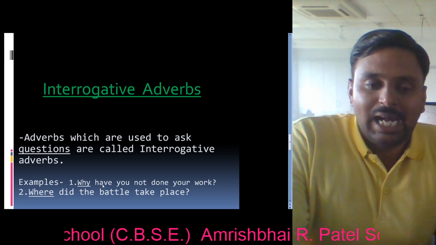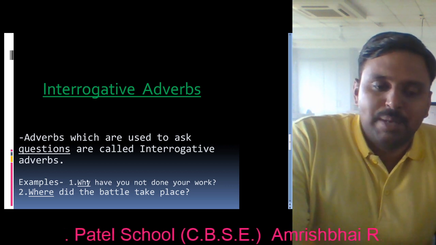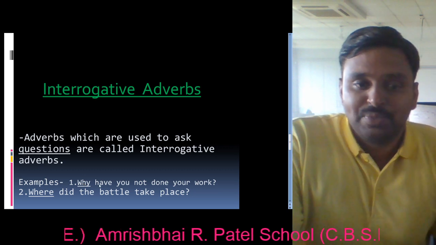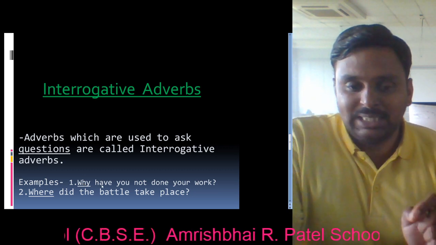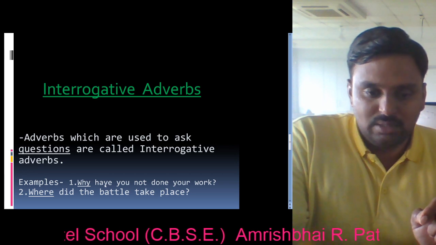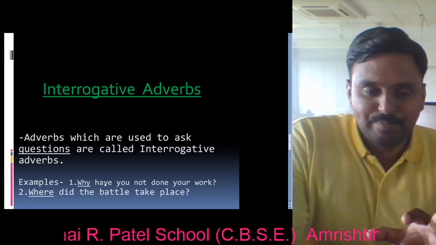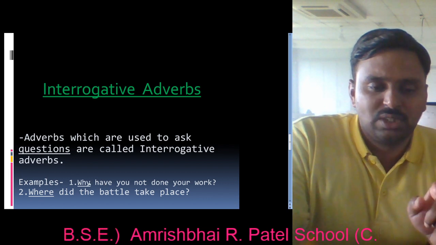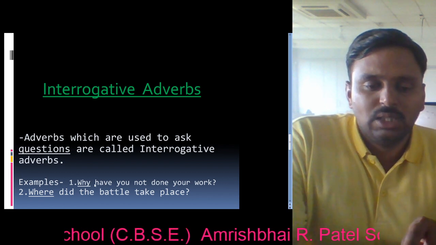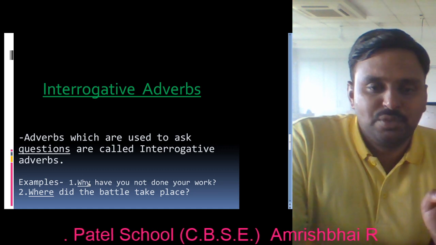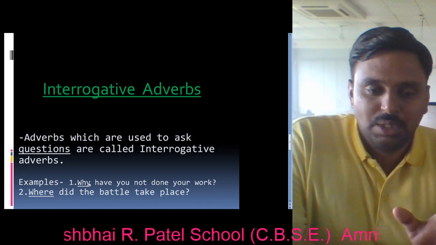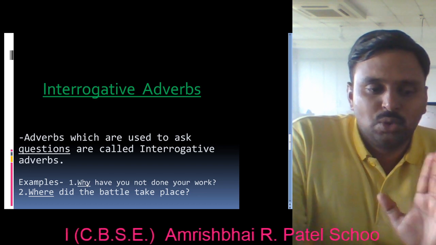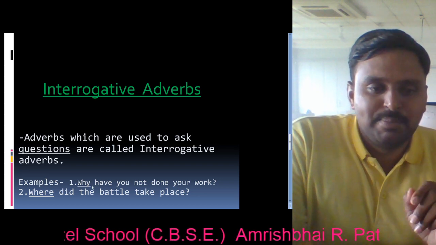When a verb is used here and before that the question is asked, it is an example of interrogative adverb. Now for interrogative adjective, there is a noun, like book. If a noun like book is used and before that the question is given, such as which book do you like, then which is the example of interrogative adjective, because book is a noun and which is the question there. So don't get confused, that is also very important.